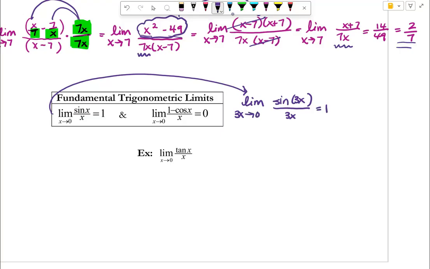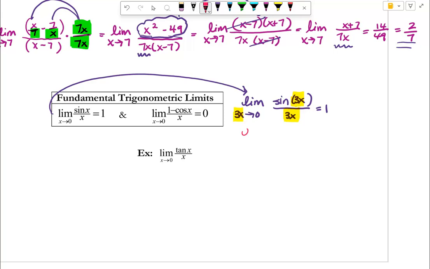Well, this is also 1. So as long as these 3 expressions match, they're the same, and it's approaching 0, so it's the limit as this approaches 0, that's when we could apply this identity or this limit.